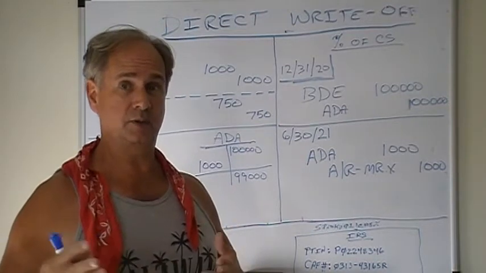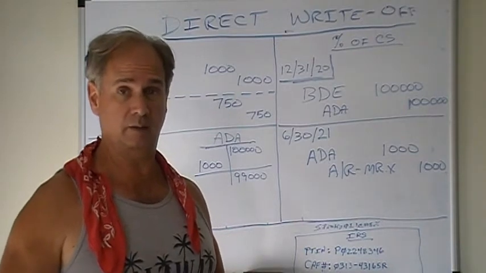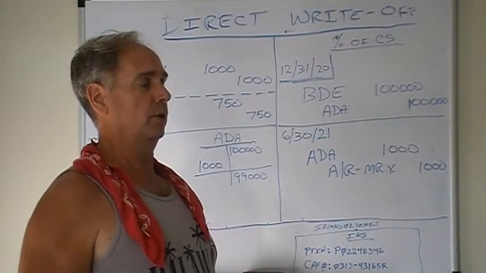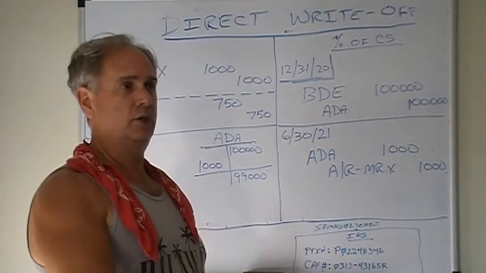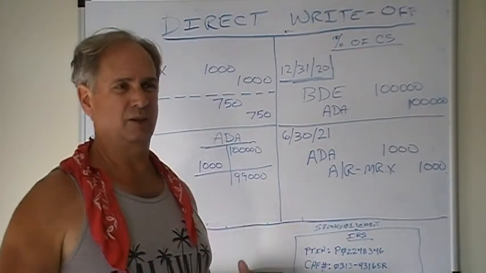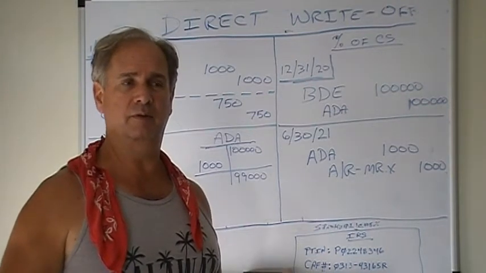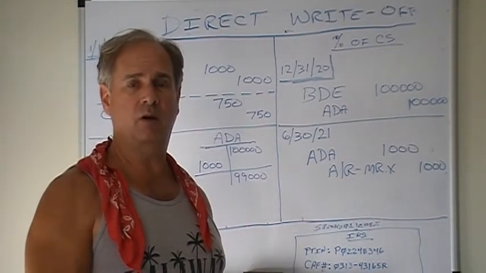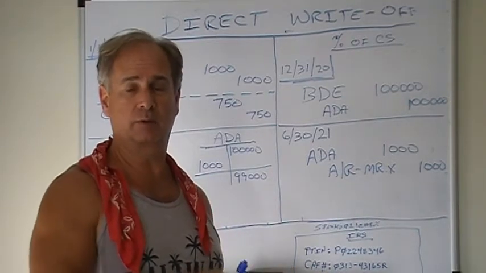It's an income statement account. It's a temporary account. It gets zeroed out at the end of the year. Okay. So I'm going to go through each year's credit sales and try and get an estimate of the percentage of bad debt of the people that welched on those credit sales in those years.